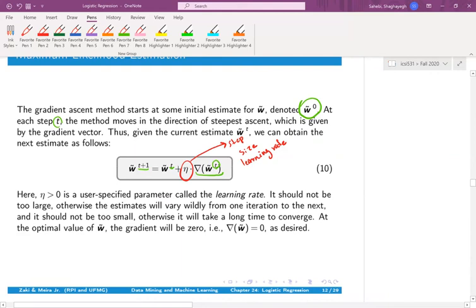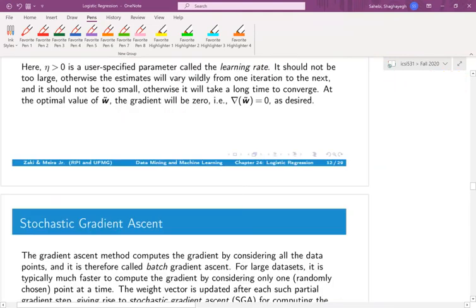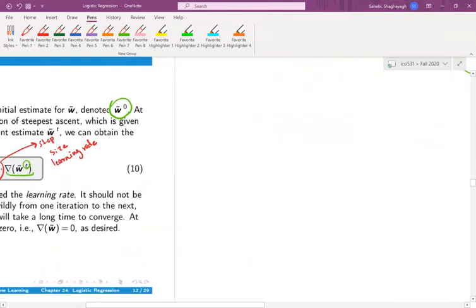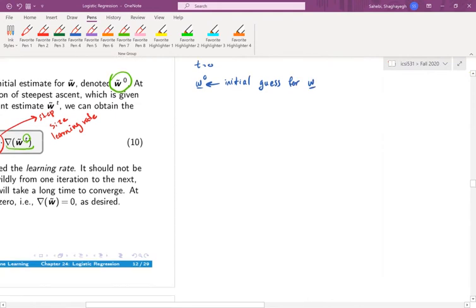Okay, so these are the steps that we do in gradient descent. So the gradient ascent, sorry. So what the algorithm looks like is that first at t0, we start with an initial value. It can be random. It can be an initial guess if you know something about W. And then we are going to repeat.